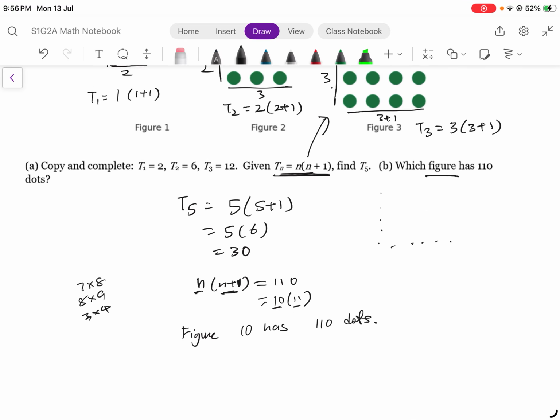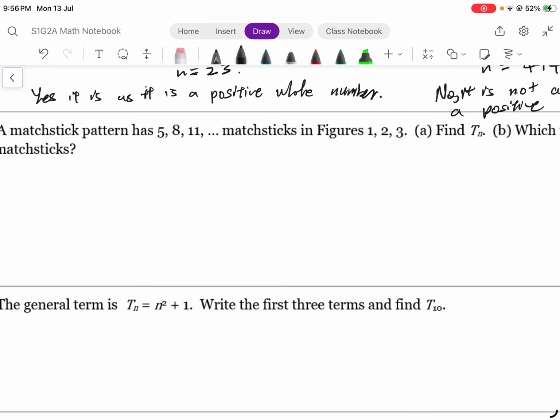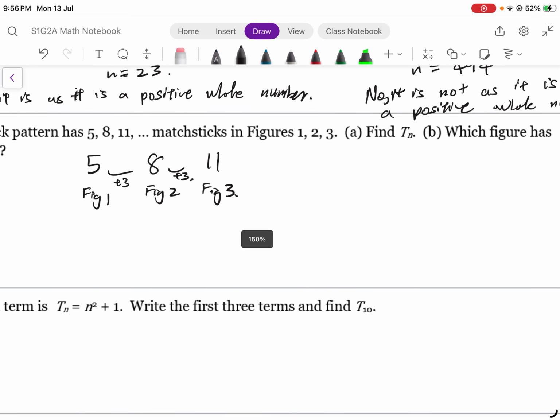Not too sure which one he is talking about. I think he's talking about his own one, right? So figure 1 is 5 matchsticks. Then 8 for figure 2. Then 11 for figure 3. So is it a constant increase? Plus 3, plus 3.